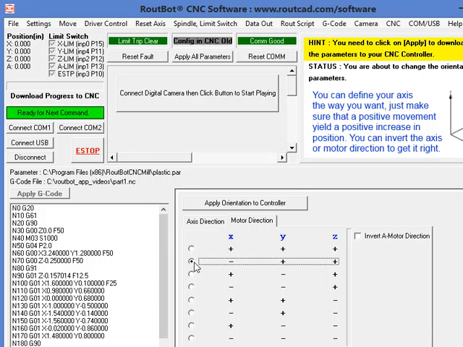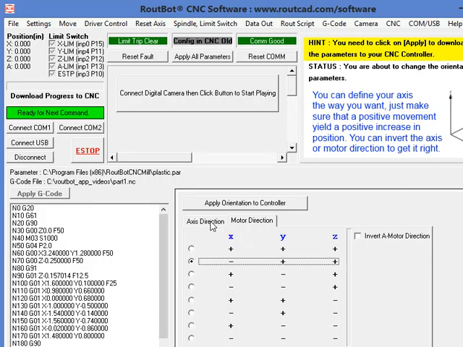X will go in the same direction as before, which was okay. Y will go in the same direction as before, which was okay. But Z, instead of going down, will go up because you inverted the Z axis. This is how you set your motor direction. You have to do that first, because your motor direction is what will make your CNC move.